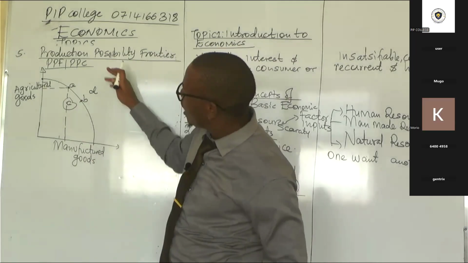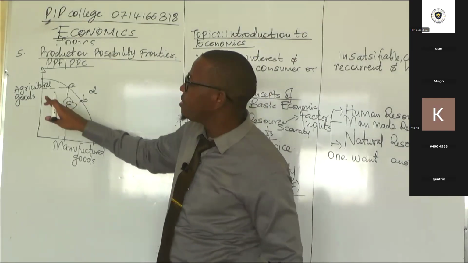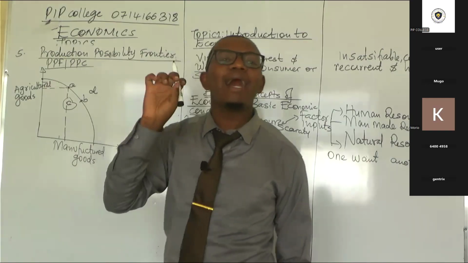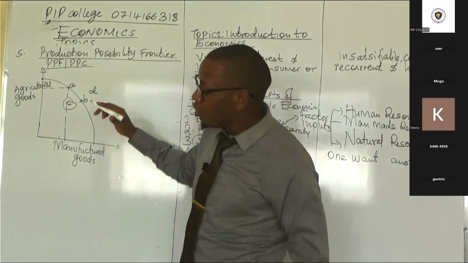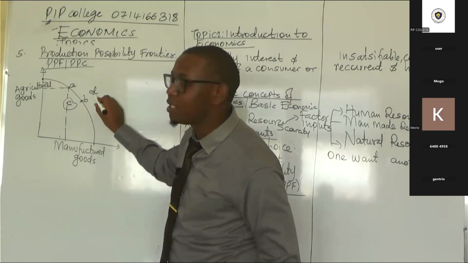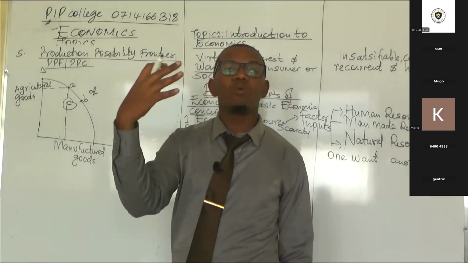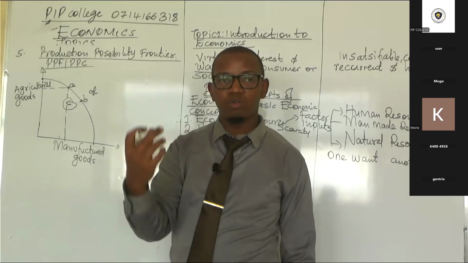When you get to point D, this is outside the curve. This means that we require additional resources in order to produce at that point.